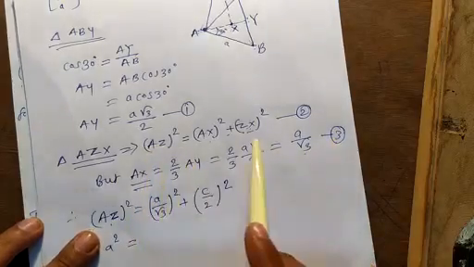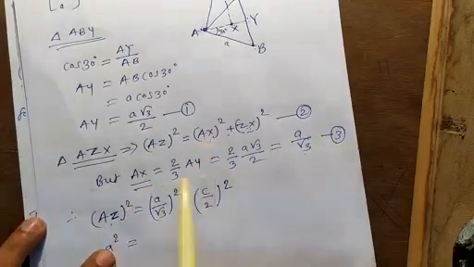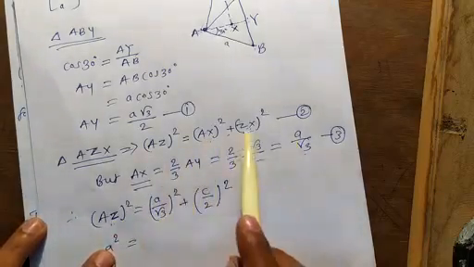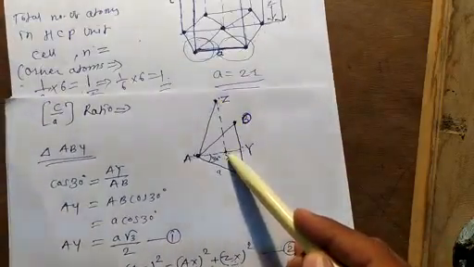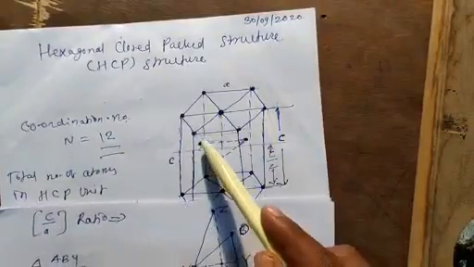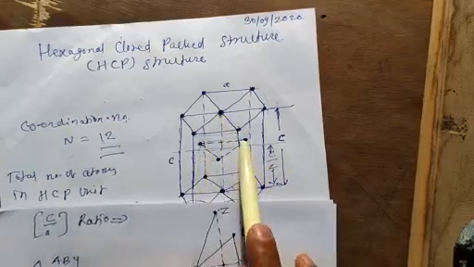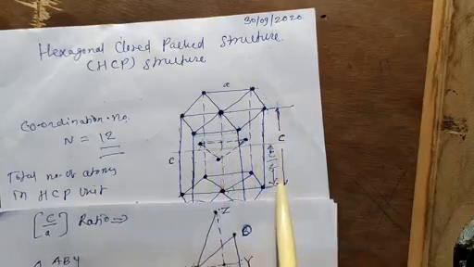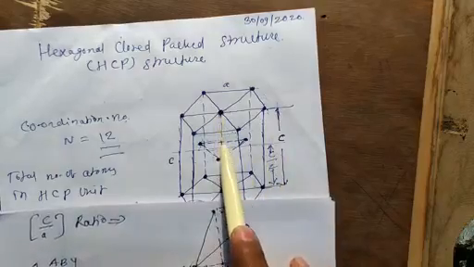Then what is equation number 2? AZ square equal to AX square plus ZX square. What is AX square? AX square is A upon root 3 whole square, plus ZX square. What is ZX square? Here this is ZX, and in the figure this is the point Z. Since this is an equilateral triangle, these three atoms, this three atomic plane lies at the middle of this distance C. Therefore this must be at a distance of C by 2, so ZX must be equal to C by 2.